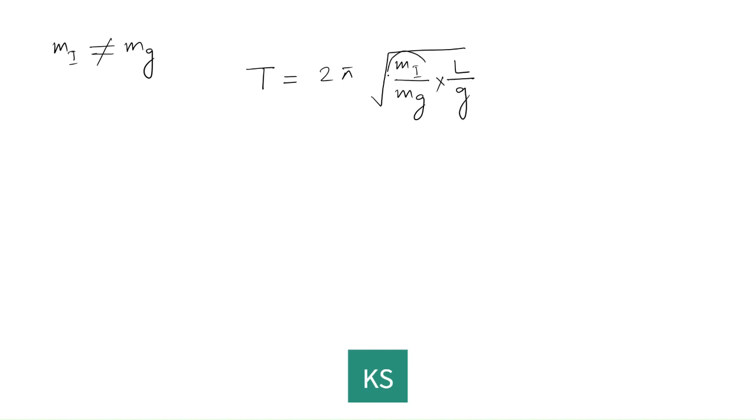So here you can see that there is a ratio of the inertial mass to gravitational mass. For this experiment, the Eotvos ratio is less than 10 to the power minus 3. What is this eta? Eta is A2 minus A1 divided by A2 plus A1 by 2. Here A1 and A2 are the accelerations of two objects.